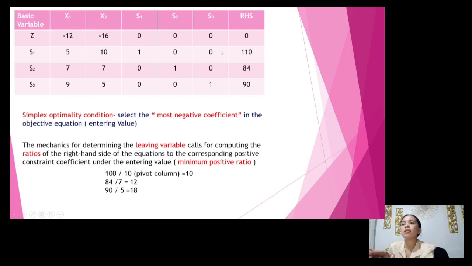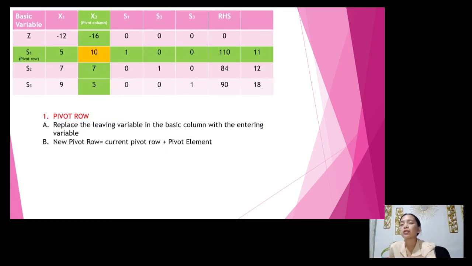So 110 divided by 10 is 11. Then 84 divided by 7 is 12. Then 90 divided by 5 is 18. So this is our tableau now. So this is our pivot column and our pivot row.